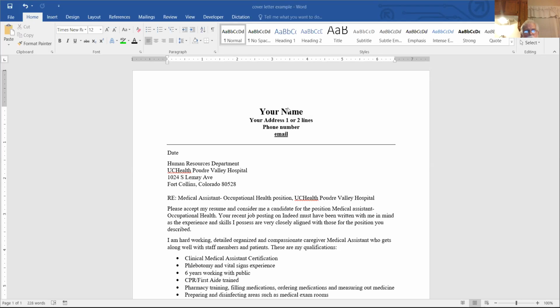All documents will have a header with your name, address, and contact information. Note that I say your address, one or two lines. It can be all the way across, street address, city, etc. Or you can have a standard format where you have the number and street and then the city and state on a second line.